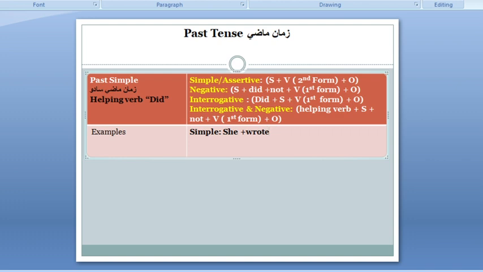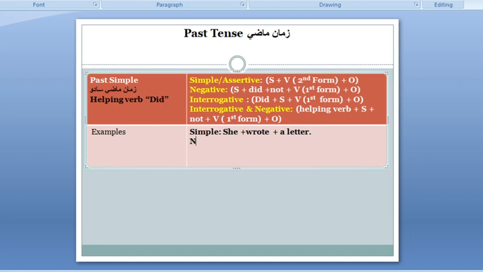You should understand that which form of the verb we need to use in each sentence or in each tense. She wrote a letter, right? So this is very simple structure. As you are familiar now, she, subject, verb, wrote plus a letter. So this is the simple tense of past tense.